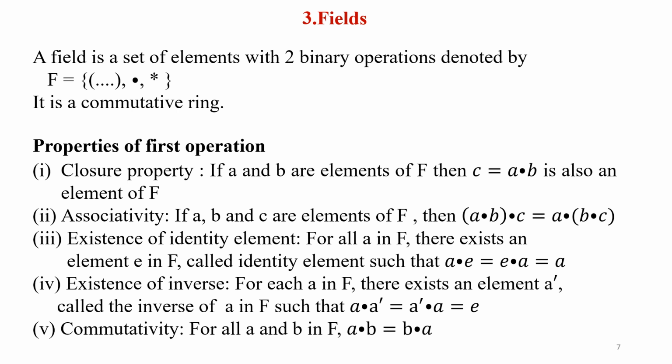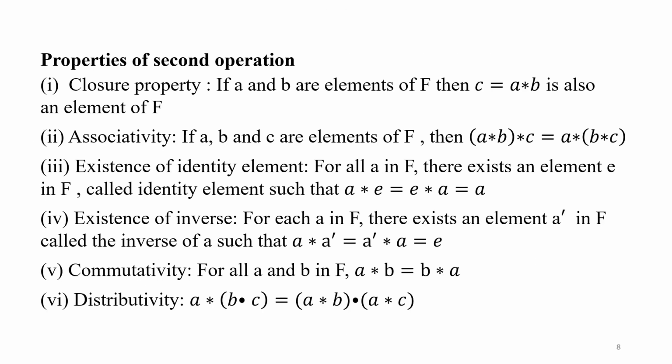Properties of first operation: closure property, associativity, existence of identity element, existence of inverse, and commutativity. Properties of second operation: closure property, associativity, existence of identity element, existence of inverse, commutativity, and distributivity.